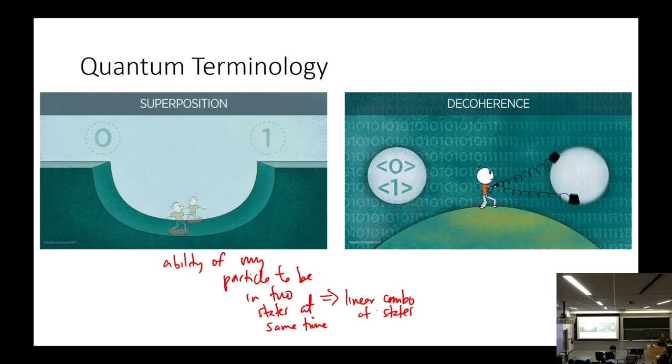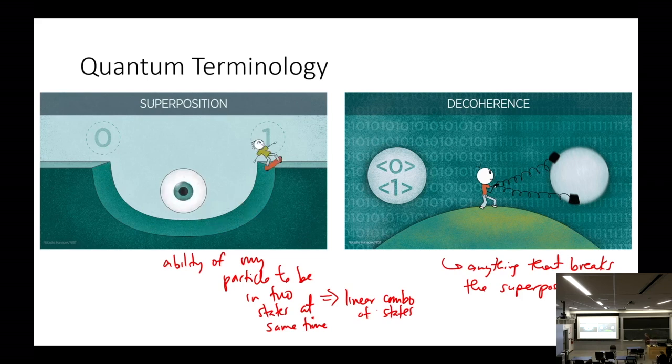And those things are generally called decoherence. So anything that breaks my superposition. So it's something in the environment. It could be something even in the qubit itself, not to mention temperature or something in the environment that causes a superposition to be destroyed.